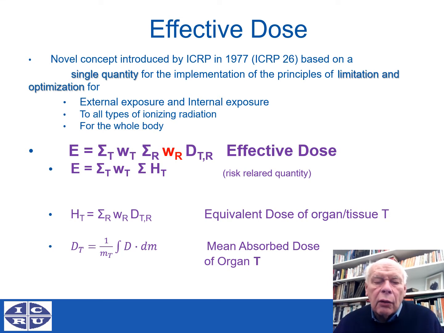These absorbed doses for organs are weighted by radiation weighting factors, and this weighting of the absorbed dose results in a quantity which is called equivalent dose. Then the tissue weighted average of the equivalent dose is the effective dose.